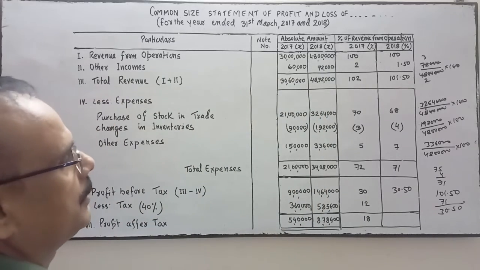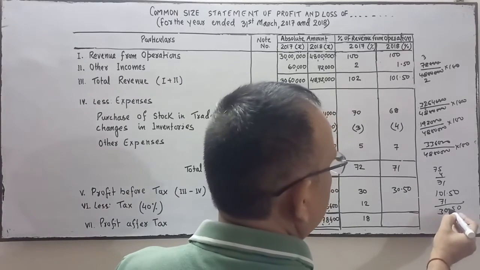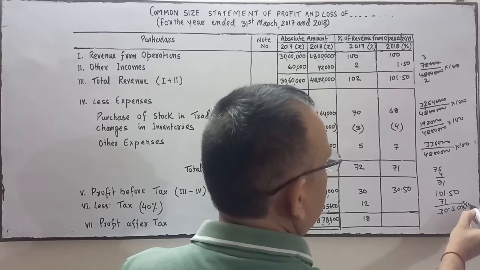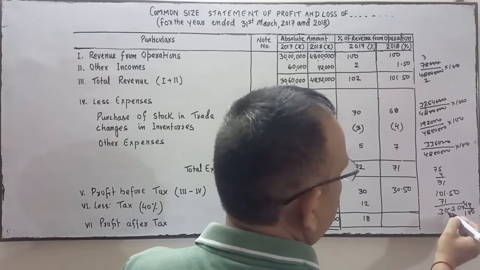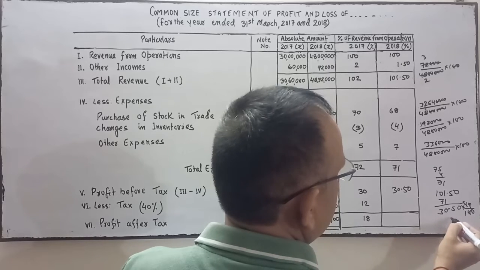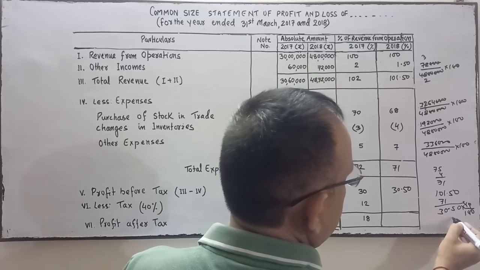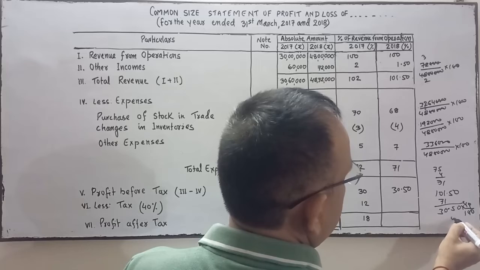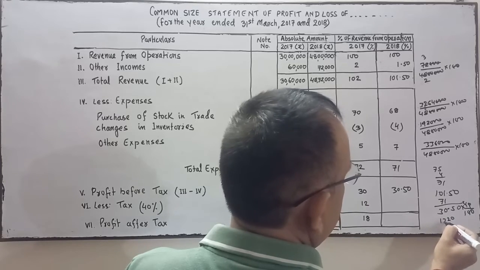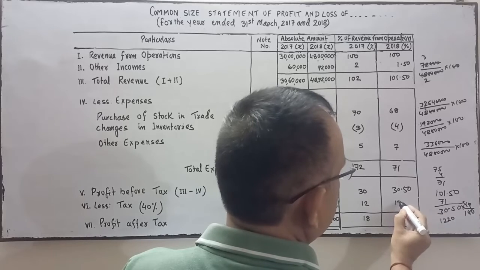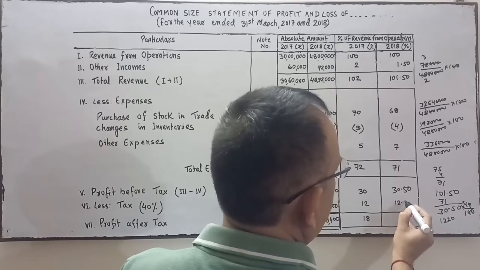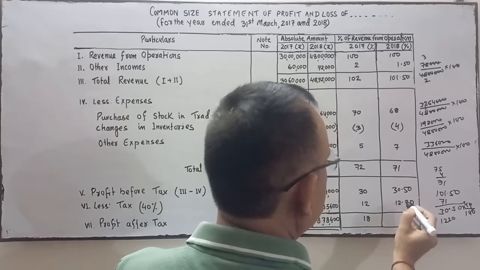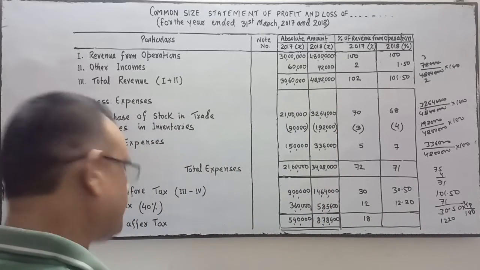So we'll calculate the 40% of this 30.50. It is 12.20%.